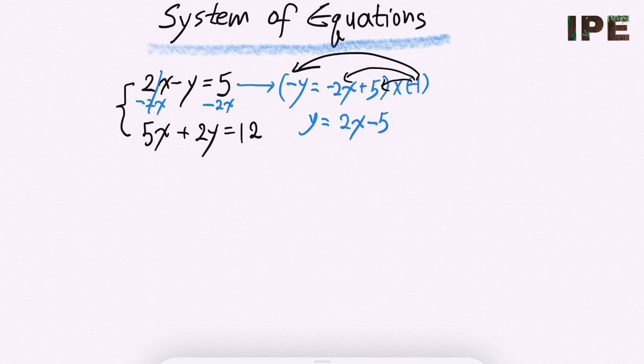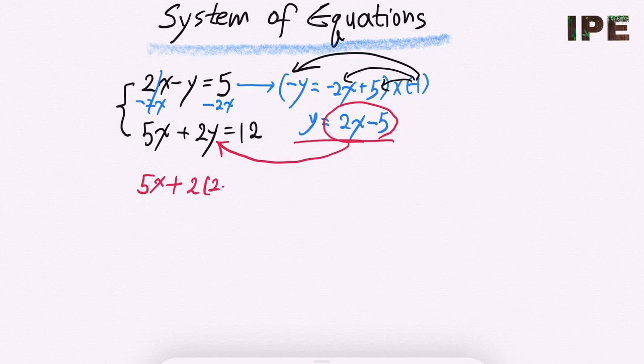Looks like this. And I'm going to substitute 2x minus 5 for y in the second equation. And what happened? It's going to be 5x plus 2y, and y is what? 2x minus 5, is equal to 12.